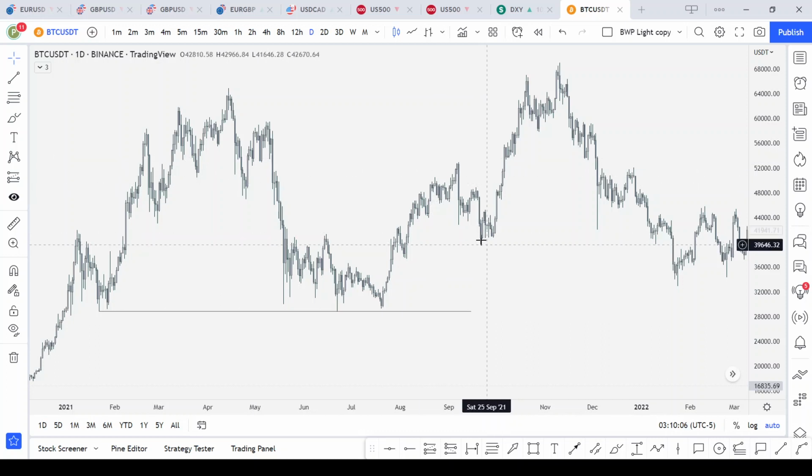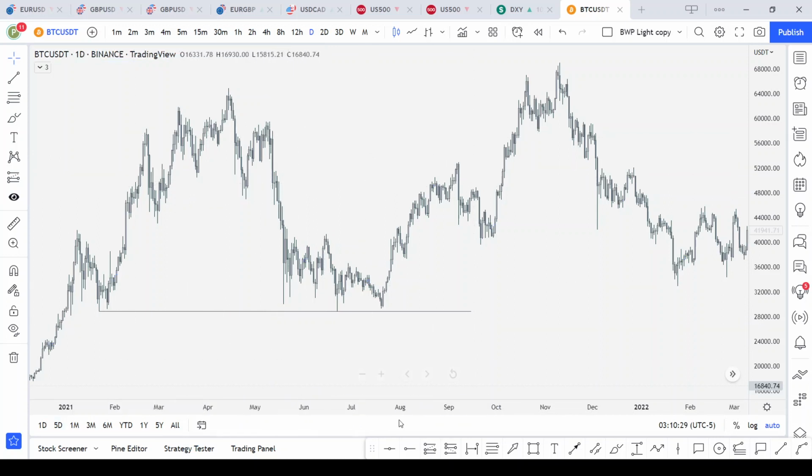That retest is the run to resistance. So initial consolidation, run to a level of resistance. Now, when price runs to that level of resistance, it can be a fair value gap, as in this case. It can be a breaker, it can be an order block, it can be anything.